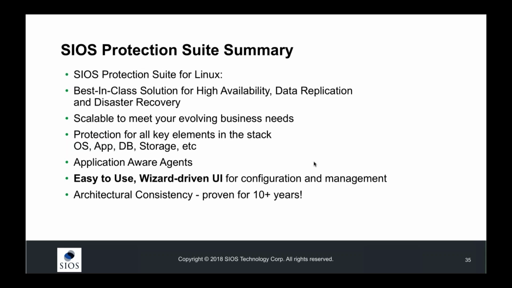These core elements, with all of the application-aware agents, or application recovery kits as we call them, tie in the applications, the databases, the services, processes, and IP resources all together to enable an easy-to-use wizard-driven UI for not only the configuration of implementation, but also the ongoing management in terms of feature and function that an administrator would do post-implementation.